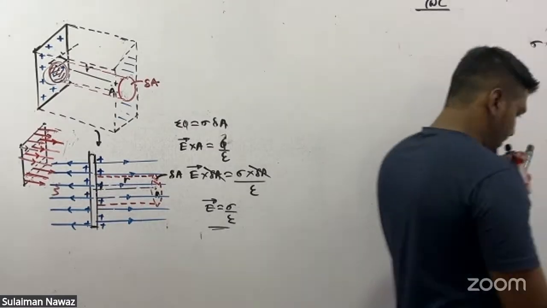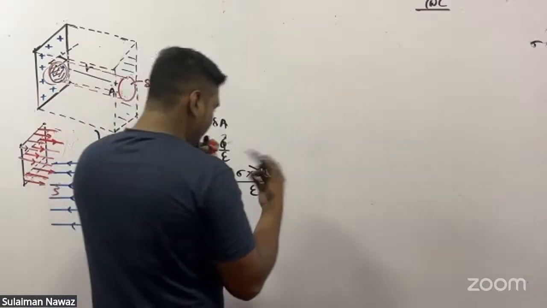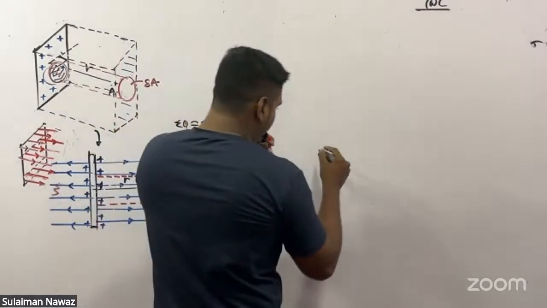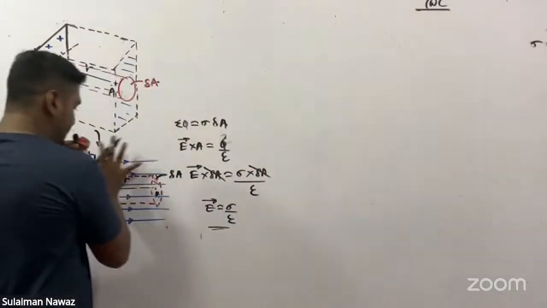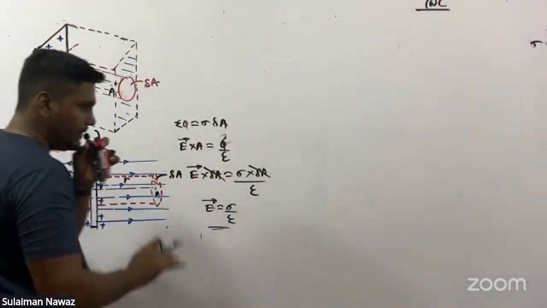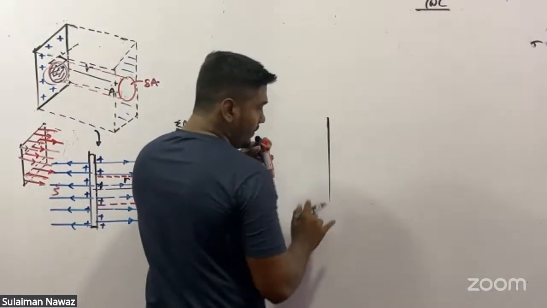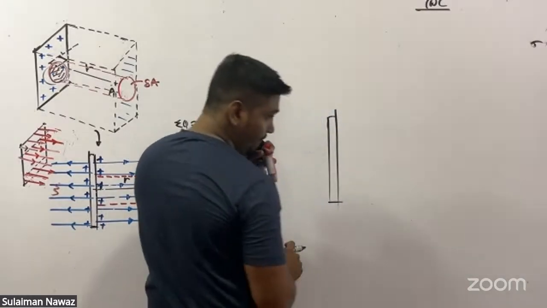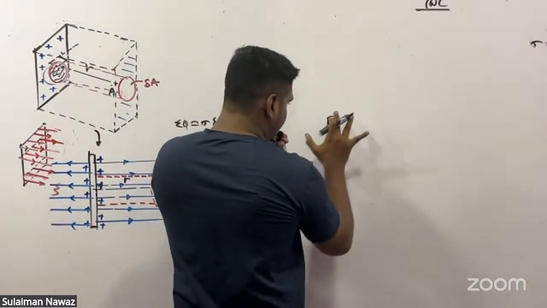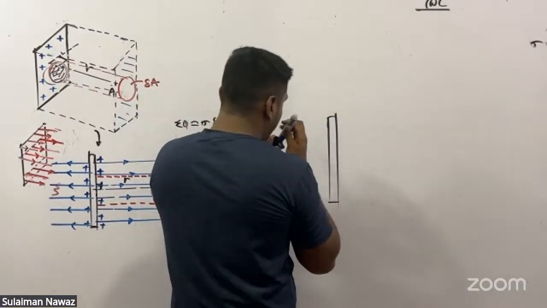Some people, now, write down considering both sides. If you consider only one side, this is considering only one side. If you consider both sides, it's a flat plate, the charges.